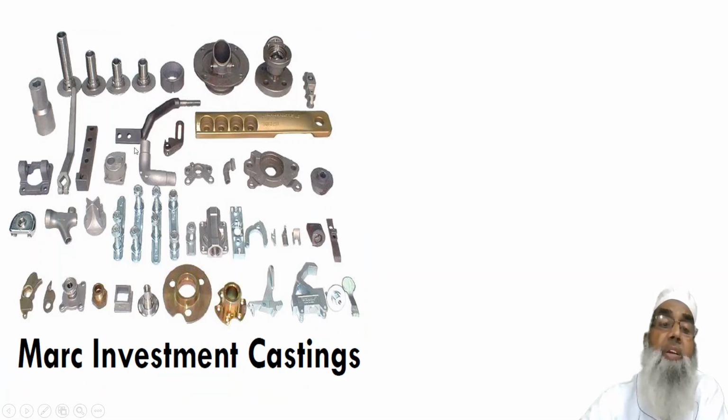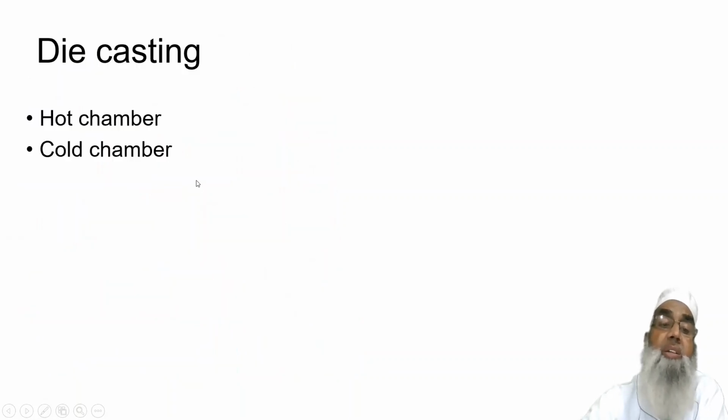You can see that very intricate castings can be developed to a very precise dimension. Next comes die casting, in which we use a metallic mold. Die casting can be hot chamber or cold chamber.